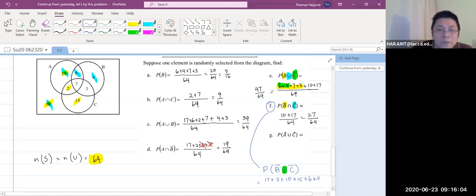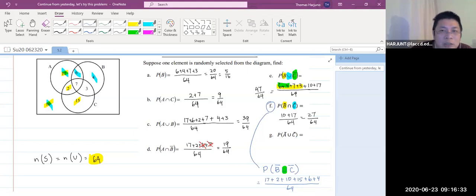These are the number of elements that satisfy either one of the requirements, not B, which is the yellow, or not C, which is the blue, over 64. So the difference between union and intersection: for intersection, it has to be two colors, it has to satisfy both requirements.